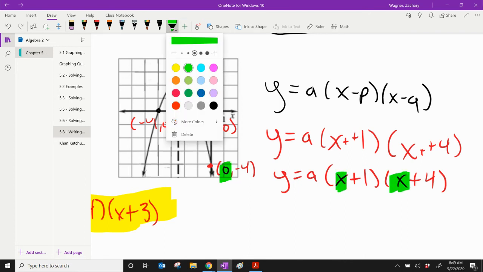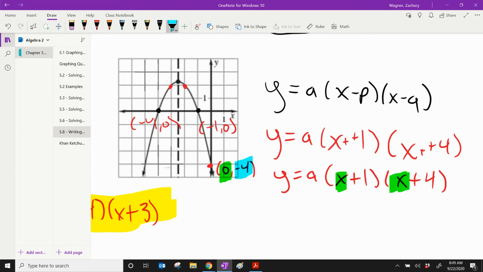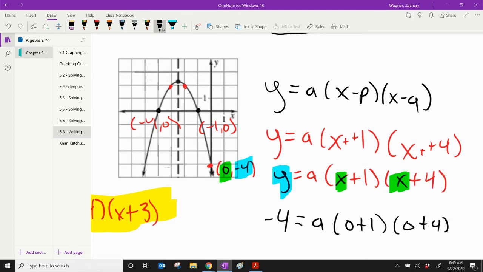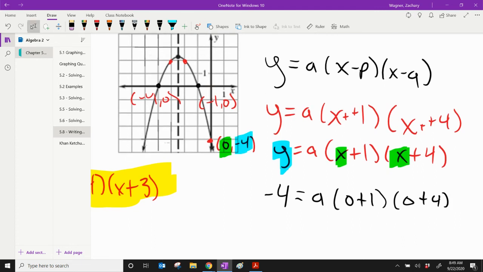You can, once again, use whatever value you want. That's a nice point on the graph. Negative 4 for y, plug it in and solve. So y equals, negative 4 equals a times 0 plus 1 times 0 plus 4. Because we used 0, that makes the problem very nice to operate with.